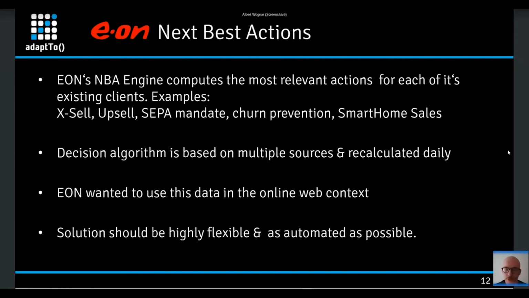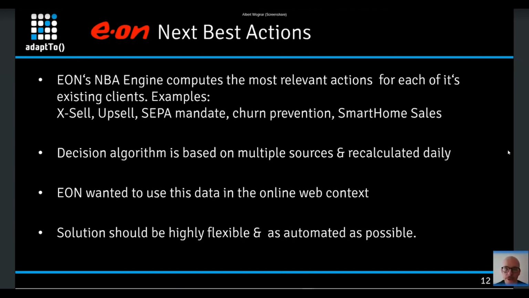That might be a cross-sell or upsell offer. It might be churn prevention, or maybe you want to promote a certain product. And so when EON contacted us because of that project, they already had an algorithm, the so-called EON NBA engine, up and running, which calculated those activities for each of their existing customers.